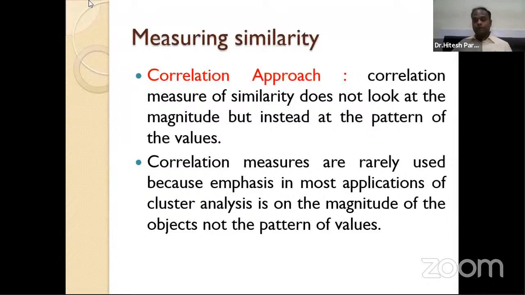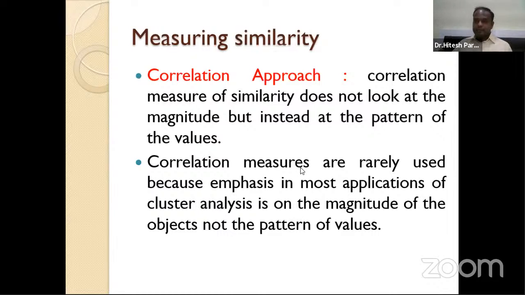The correlation approach is our second choice. The first option that we discussed is the distance matrix. On the basis of distance, we try to measure the similarity between the objects. The second one is the correlation approach. The correlation measure of similarity does not look at the magnitude, but at the pattern of the values.